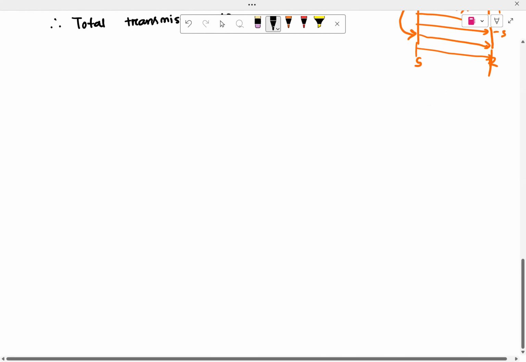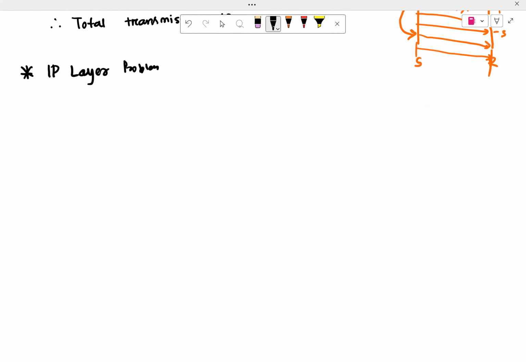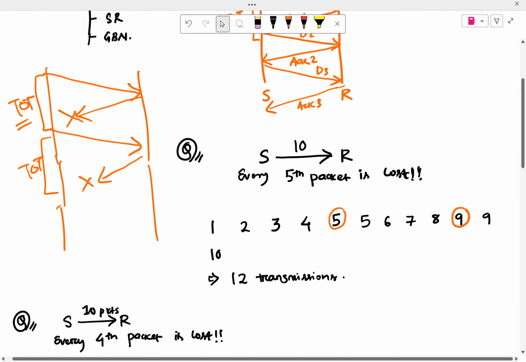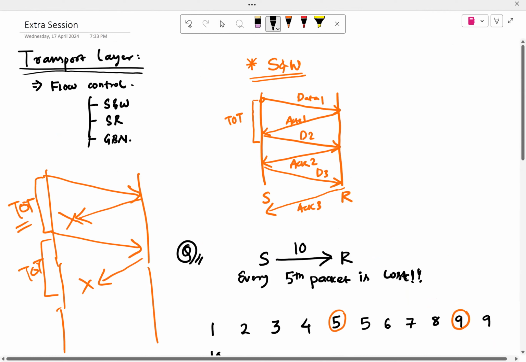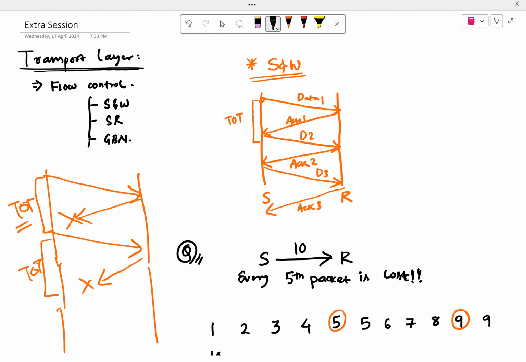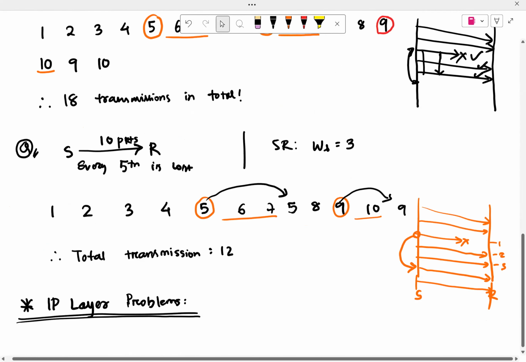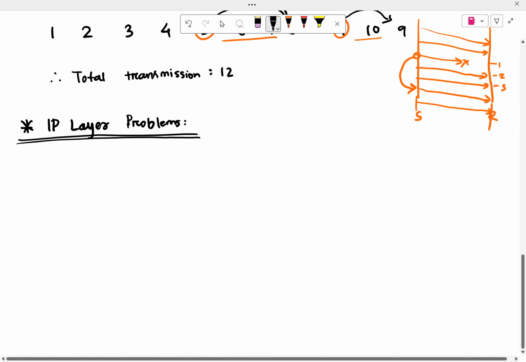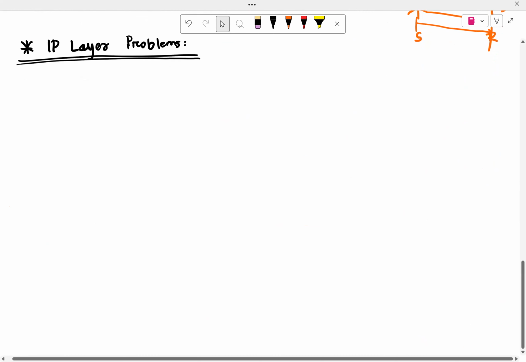Okay, so we'll move on to some IP layer problems. In the IP layer, as you know, we have the IP address.